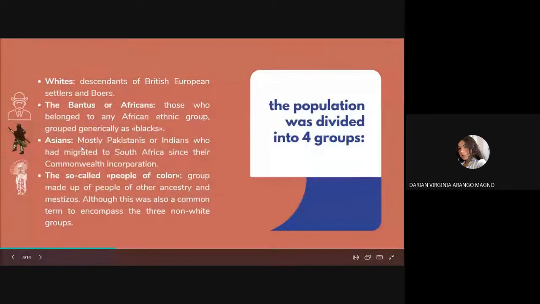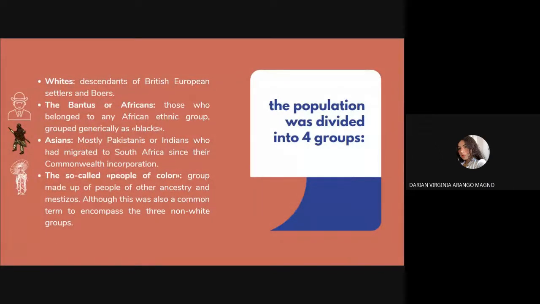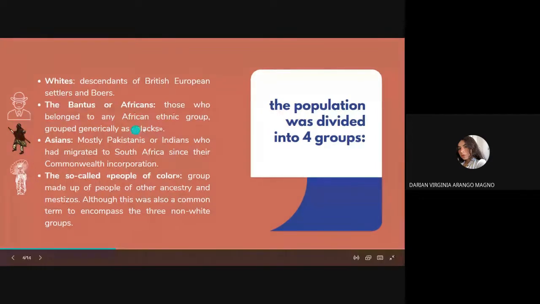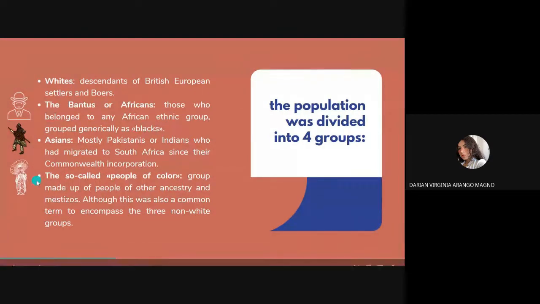Okay, so that is why the population was divided into four main groups. The first, the whites, who were descendants of British and European settlers and Boers. Also, the Bantu or Africans, those who belong to any African ethnic group, generally grouped as blacks, and also the Asians, who were mostly Pakistanis or Indians who had migrated to South Africa since its incorporation into the Commonwealth.